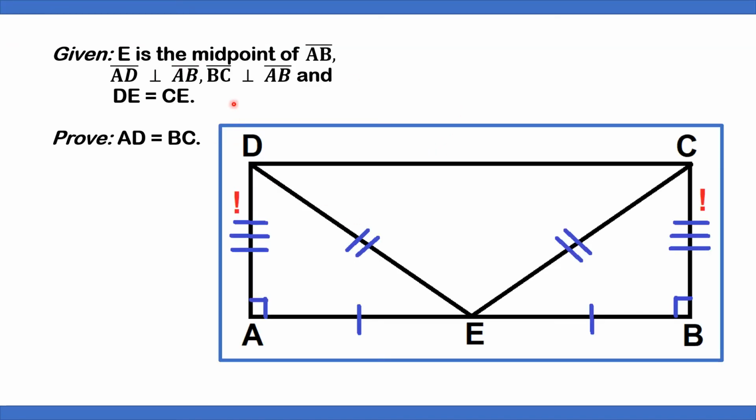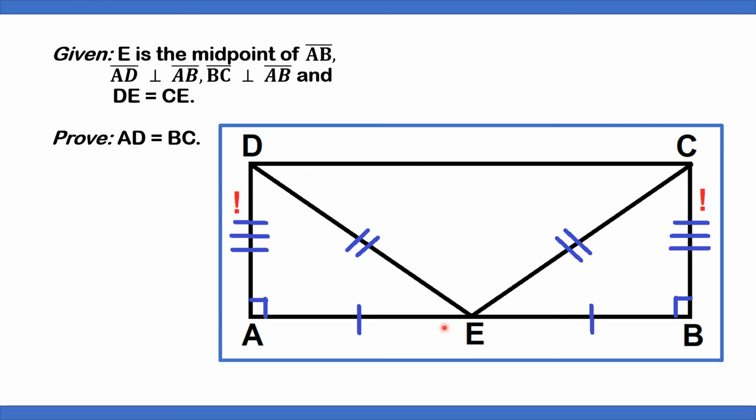So, notice that E is the midpoint of AB. Again, line segment AE is congruent to line segment EB. Also, line segment AD is perpendicular to line segment AB, and line segment BC is perpendicular to line segment AB, so that angles DAE and CBE are right angles and are congruent.